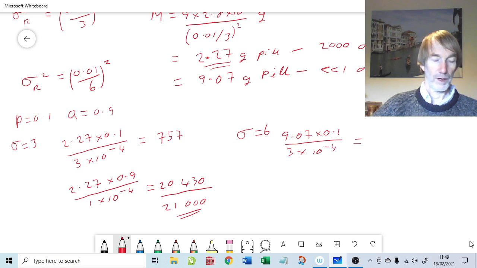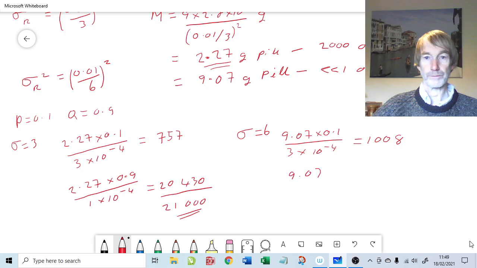That gives us 1008 particles, and for the rest of the material it's 9.07 times 0.9 divided by 1 times 10 to the minus 4, because these are the masses of the particles.